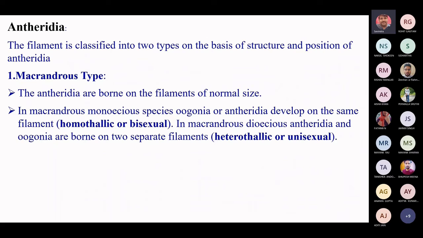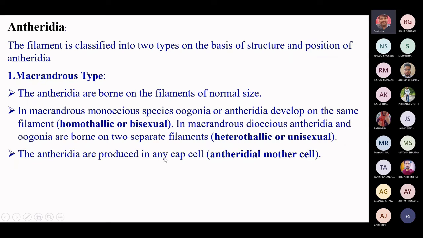And in some species, if the male reproductive structure, that is antheridia, is developing on a different filament and the female reproductive structure, that is oogonia, is developing on a different filament, then it will be known as heterothallic or unisexual. Okay?